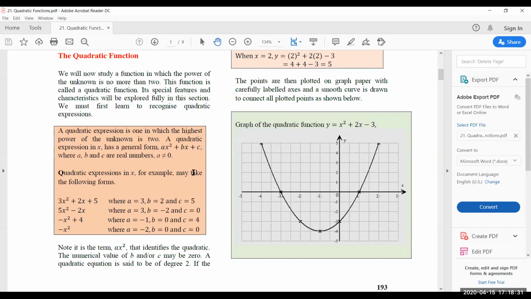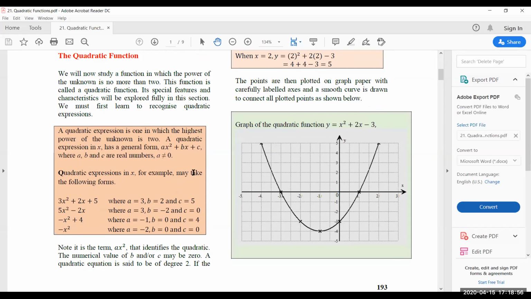So we will now study a function in which the power of the unknown is no more than 2. This function is called a quadratic function. Its special features and characteristics will be explored fully in this section. We must first learn to recognize quadratic expressions. Okay, and I didn't remember telling you what a quadratic expression was, but let's read it still.